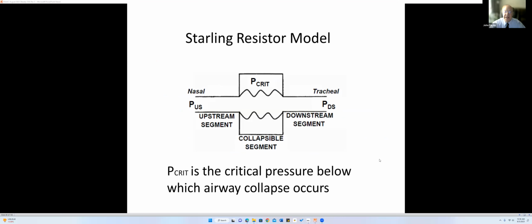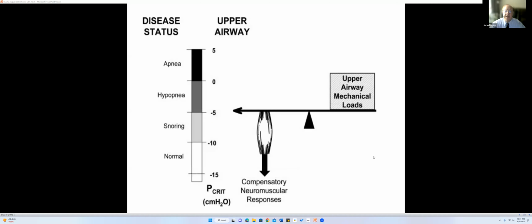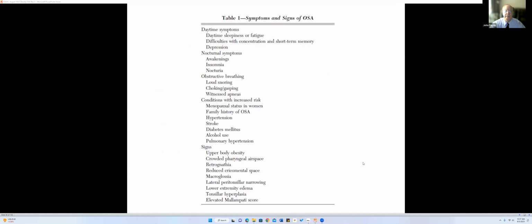We can get obstruction in the collapsible segment of the airway when the pressure exceeds the critical pressure below which airway collapse occurs. This is the physics called the Starling resistor model of airway collapse, and it's illustrated here with compensatory neuromuscular responses with changes in upper airway mechanical loads.